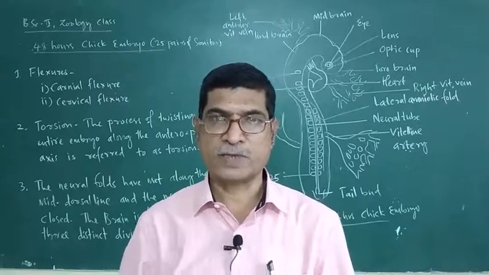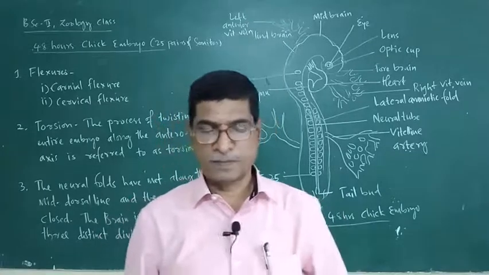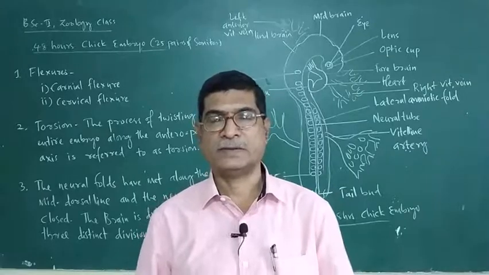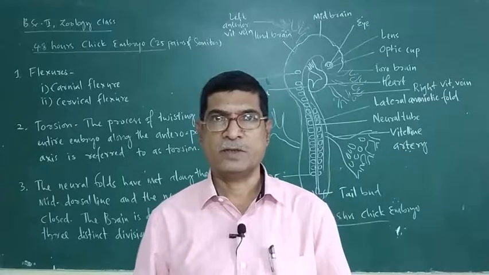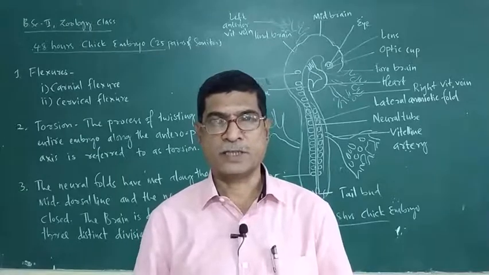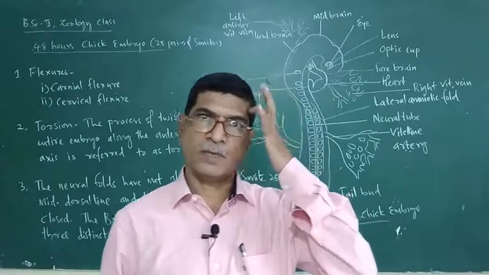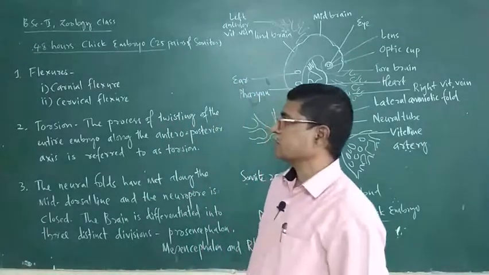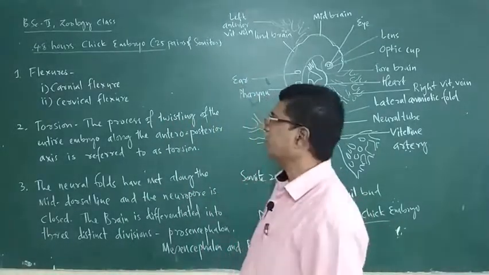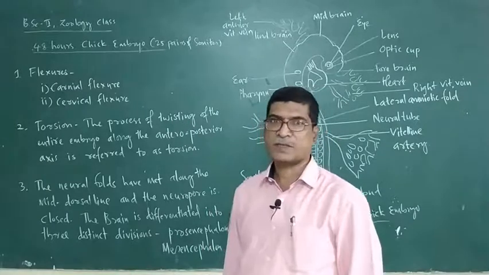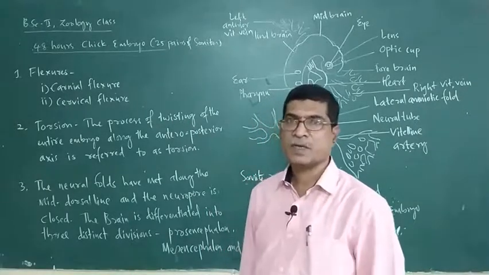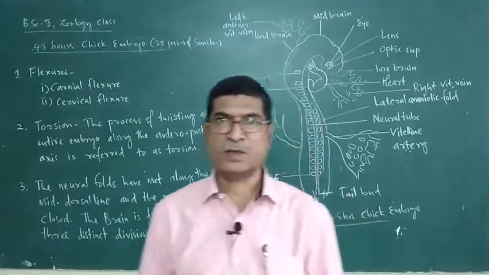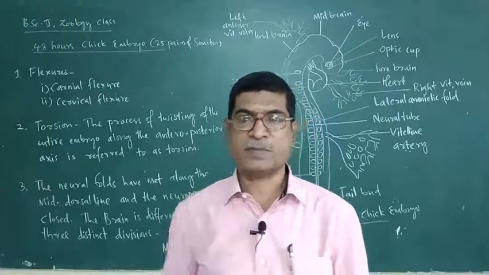So what are the main developments seen during the 48 hours chick embryo? Flexures. Here you can see flexures. Flexures means bendings. The embryo at this level looks like an inverted J shape.